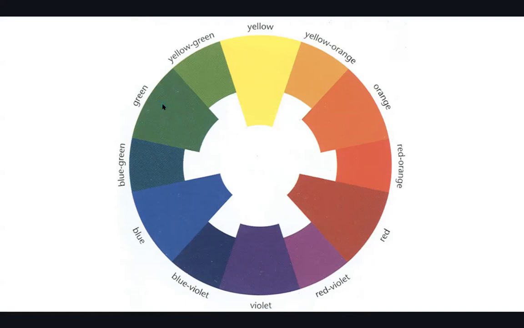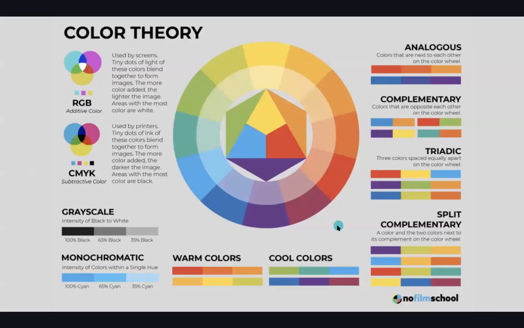So in my color palette, I would have red and green. Now, because I'm starting from red, I'll jump over red-violet and move straight to violet. And then I'll pick violet and the color opposite violet, which is what? Yellow. So how many colors will I have? 4 colors. Okay, red, violet, yellow, and green. Exactly. So that's tetradic.